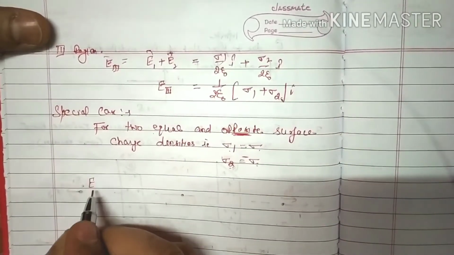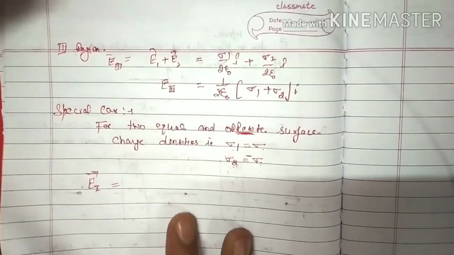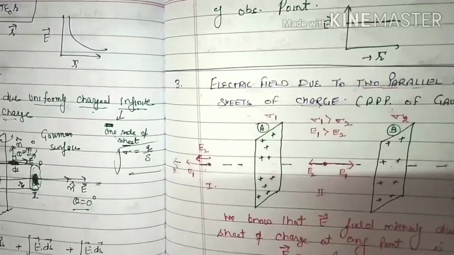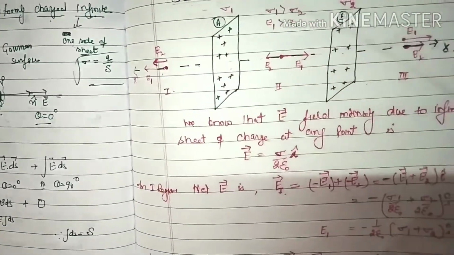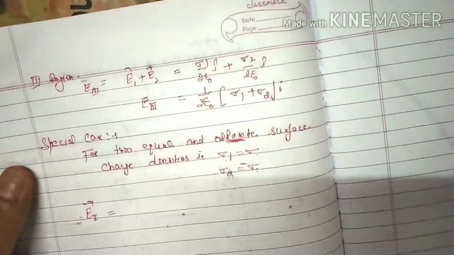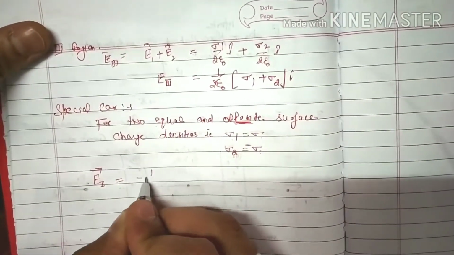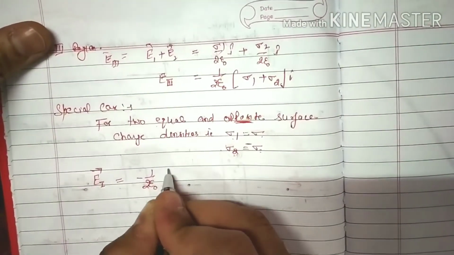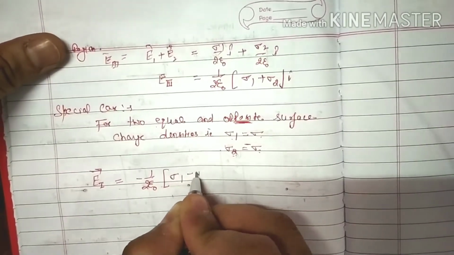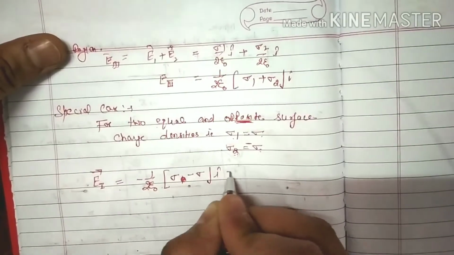Then in the first region, the electric field intensity is minus 1 upon 2 epsilon naught (sigma 1 minus sigma 1), that is sigma minus sigma, which is equal to 0.